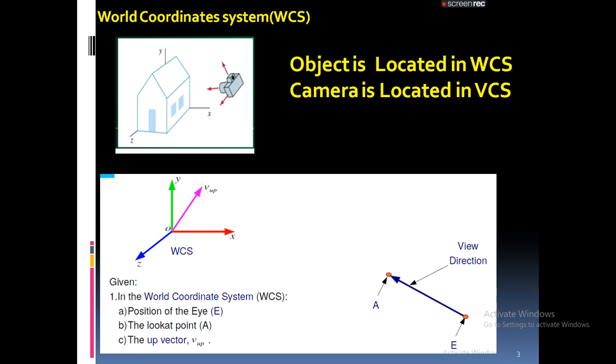E represents the eye, where we kept the camera. I will repeat: E in this arrow represents where we kept the camera, and we are looking towards the object called A. A is our reference point. We are looking in the direction of A, and this direction is nothing but the viewing direction.